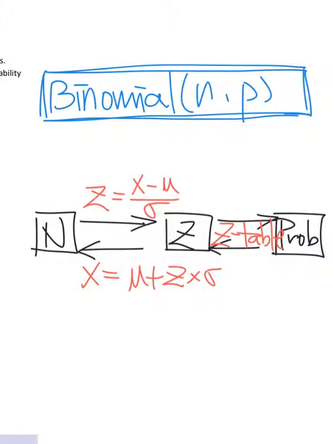Let me remind you. In the binomial, we had only two outcomes, success or failure, alive or die, male or female, right?